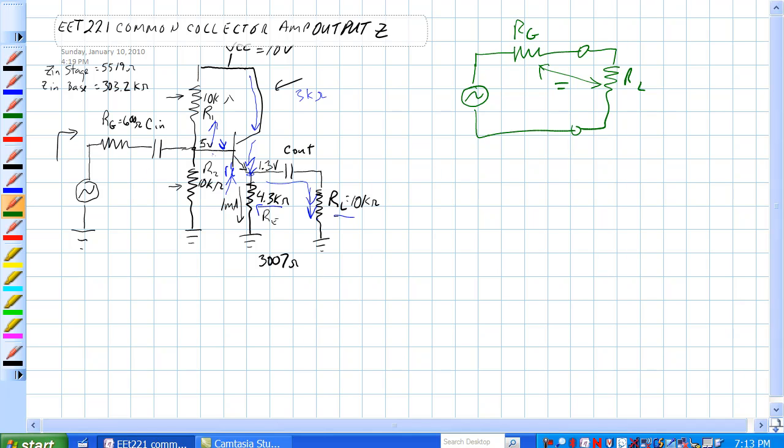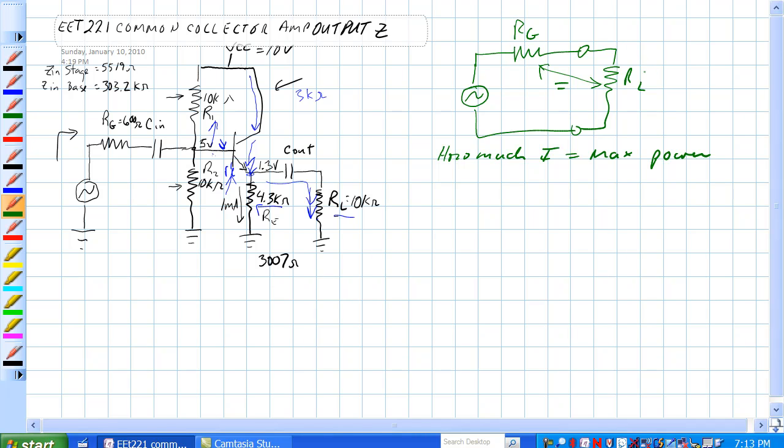How much current can this circuit transfer maximum power? So we need to look at how about the Thevenin equivalent circuit?